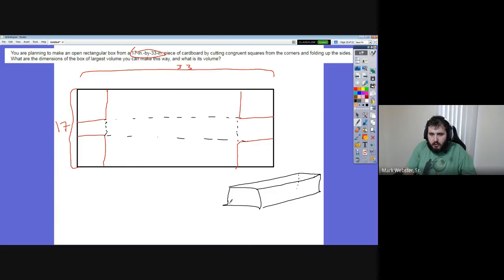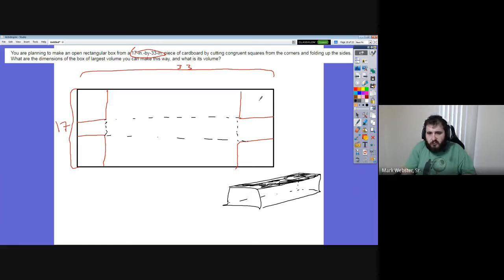The top of the box is open, so we don't have to worry about the top at all. What we need to know is the dimensions of this box, because they're going to be asking for volume and surface area and stuff like that.